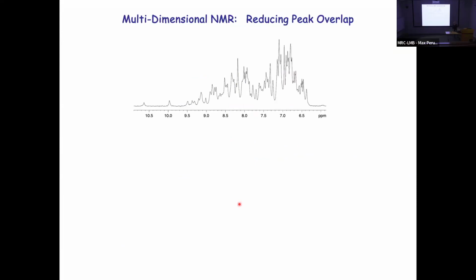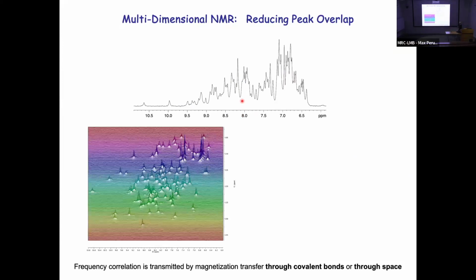So what we see is half of the spectrum in frequency terms, chemical shift terms, for a protein of about 10 kilodaltons. And you can see instantly the problem we're running into. There's a very limited amount of information that you're going to be able to extract because there's so much overlap in there. So what we need to do is spread these peaks out into another dimension to get better resolution.